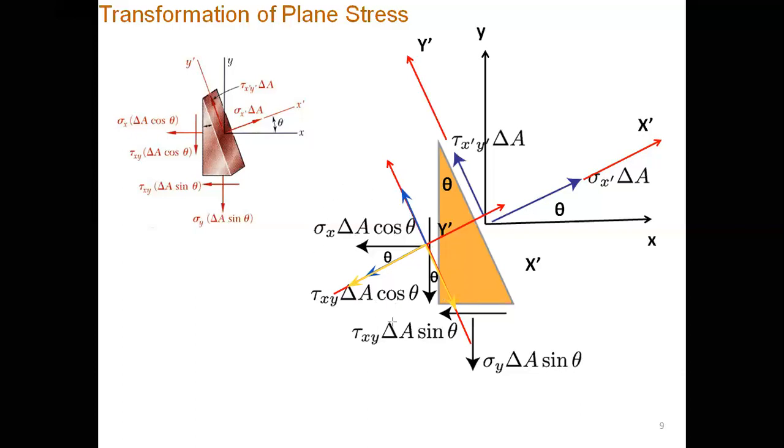So now we have resolved all of the forces into their rectangular components along x prime and y prime. Next, we have to add all of these forces along the x prime axis and y prime axis.